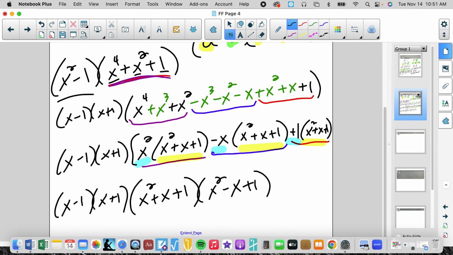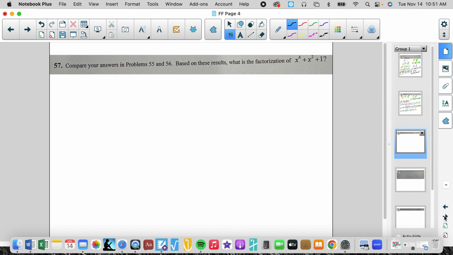I think the hardest part is understanding how to make that grouping and knowing what to cancel and create. So put that in your tool belt. Compare your answers in problems 55 and 56. Based on these results, what is the factorization of x to the fourth plus x squared plus 1?